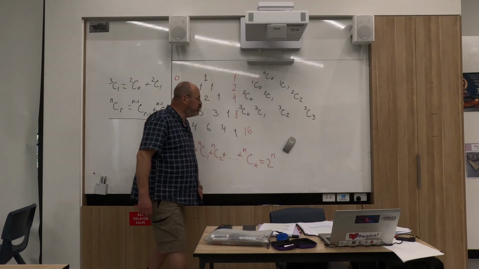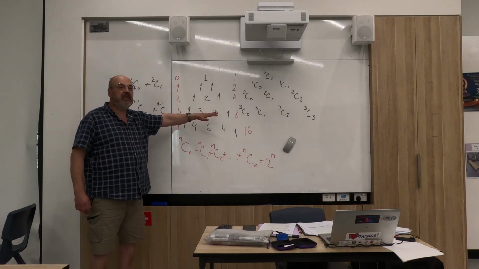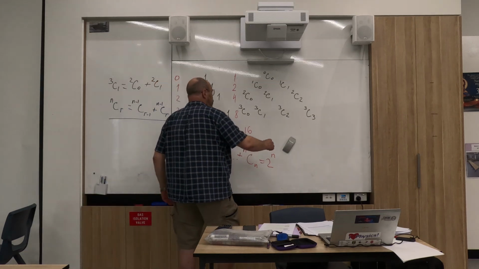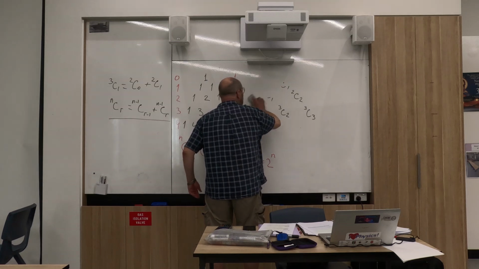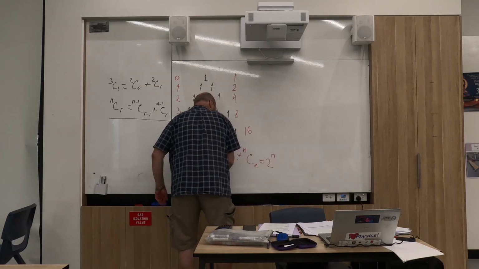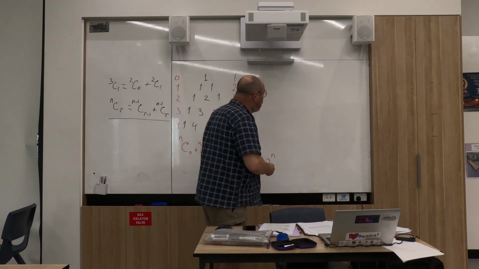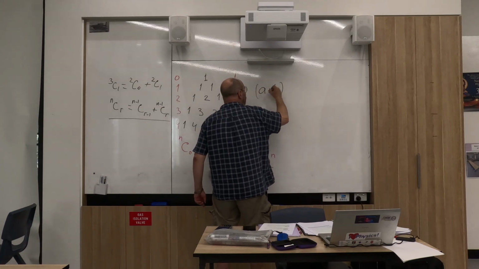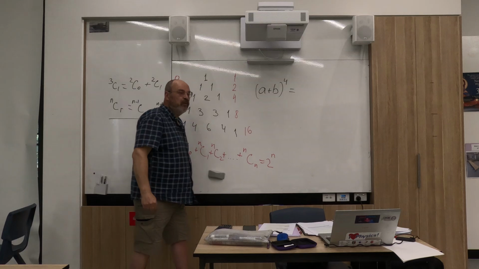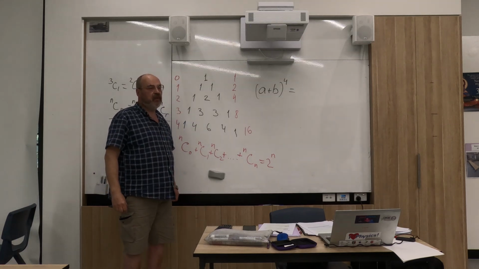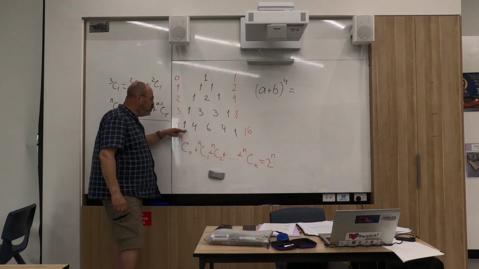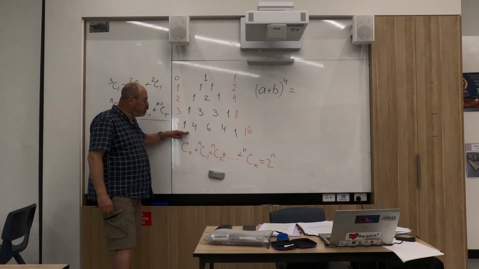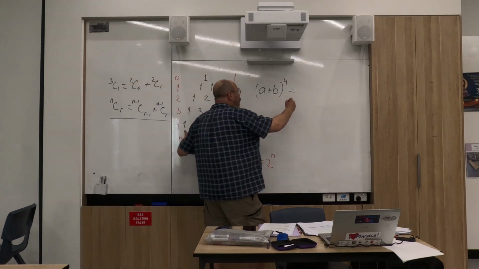Another place where it's used is the binomial expansion. If you want to expand, for example, a plus b to the power of 4, we can use this; those will be the coefficients.